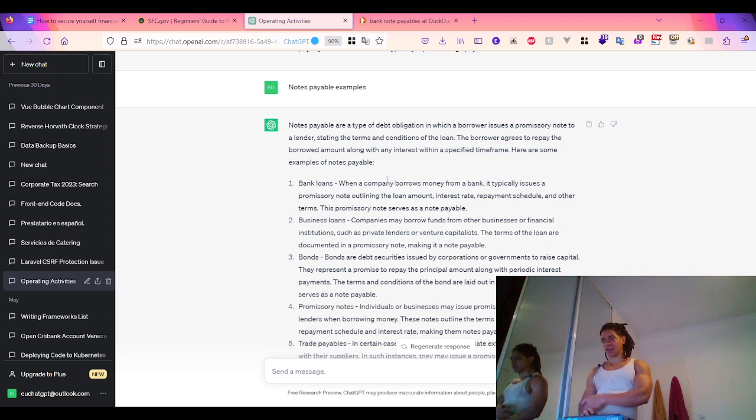The borrower agrees to repay the borrowed amount along with any interest within a specified time frame.